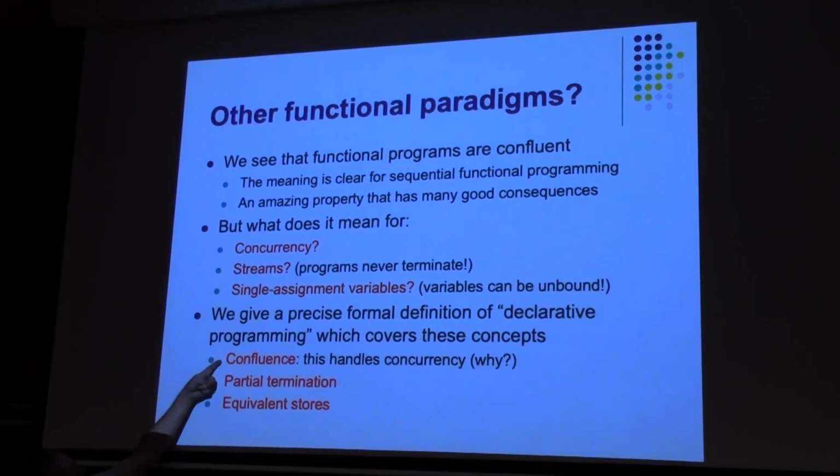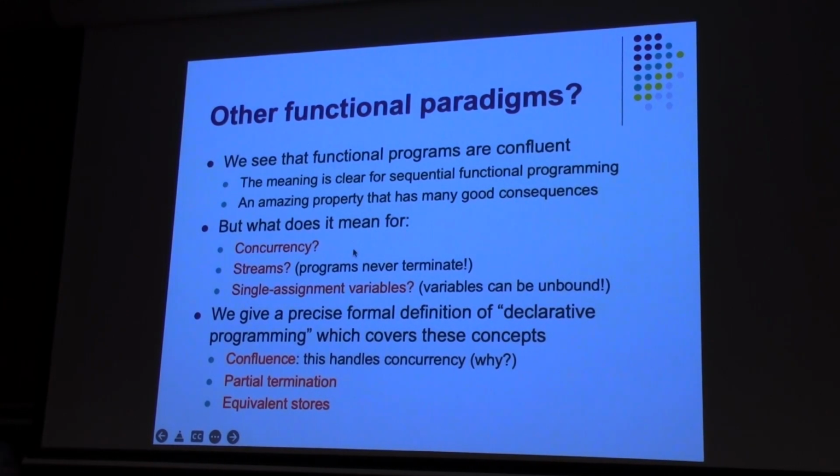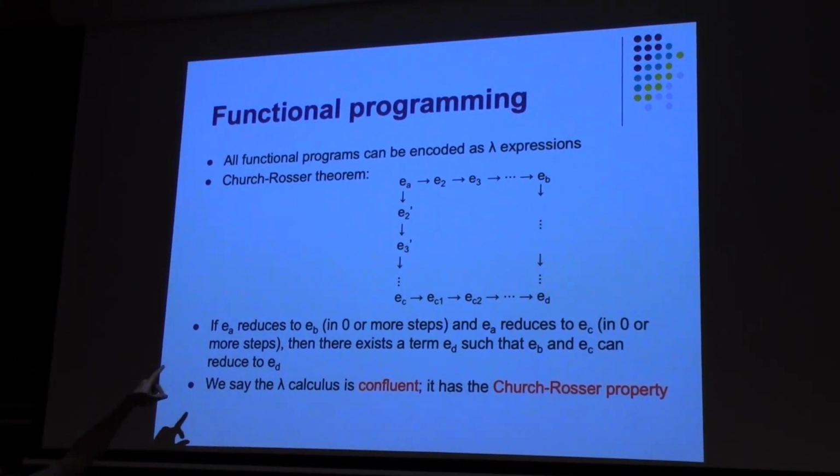And I want to explain three things. First of all, concurrency is easy to handle, because concurrency is already part of the Church-Rosser. If I have a big expression E, and this expression contains multiple agents, and I execute all of them concurrently, that's okay.